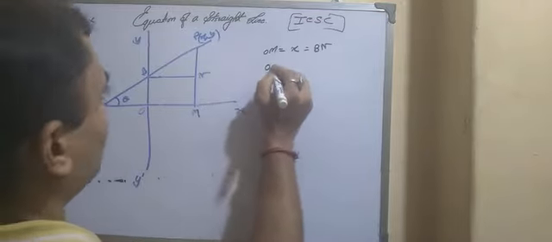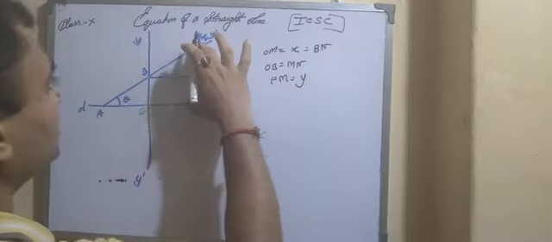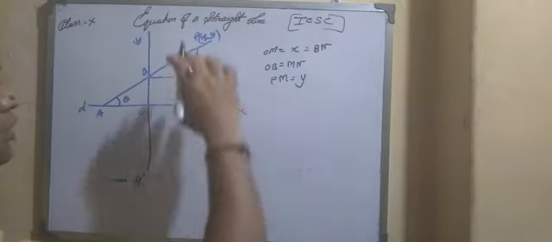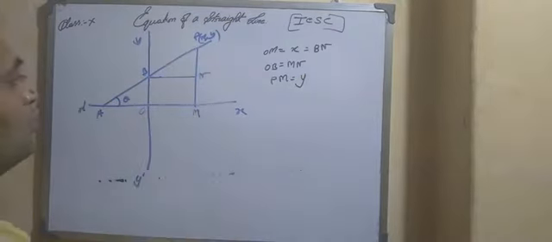PM is equal to y. And OB is the y intercept, which is denoted by C. So OB equals C, so MN is equal to C also.